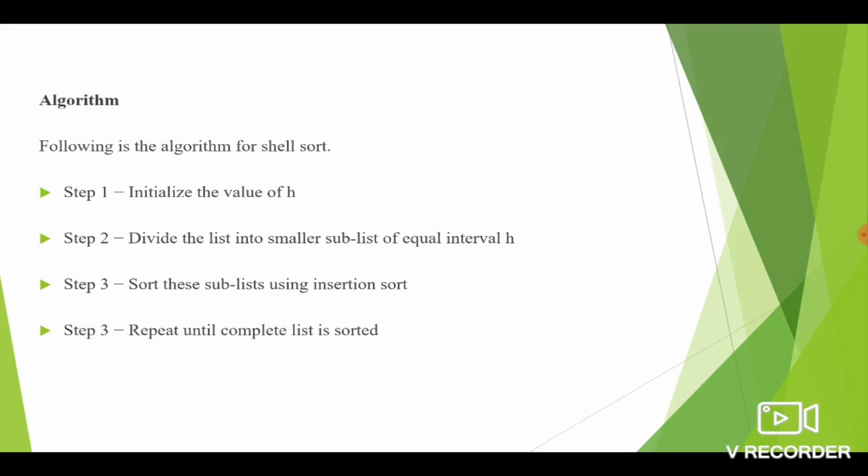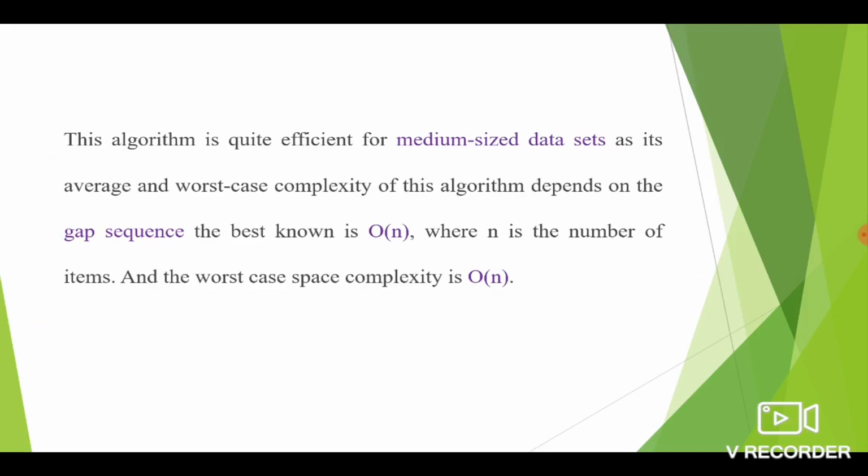The algorithm for shell sort is: first we initialize the value of the interval h. Then based on the interval h, you divide the original array into a number of smaller sublists. Each sublist is sorted using the insertion sort. The same procedure is repeated until the complete list is sorted.